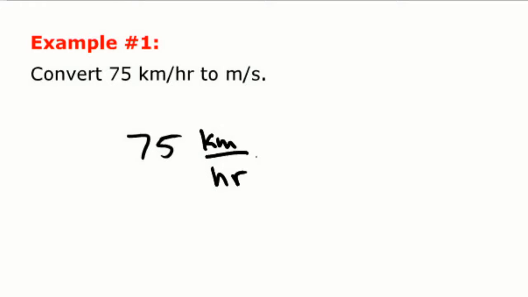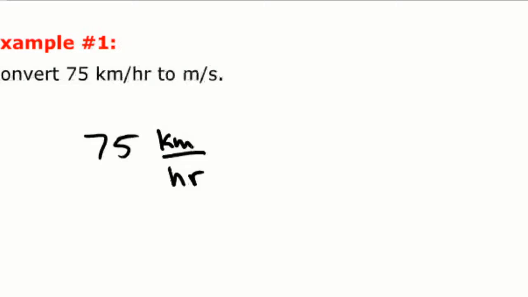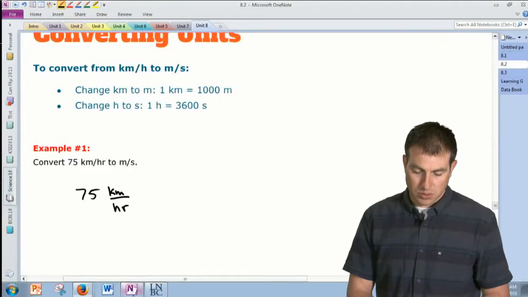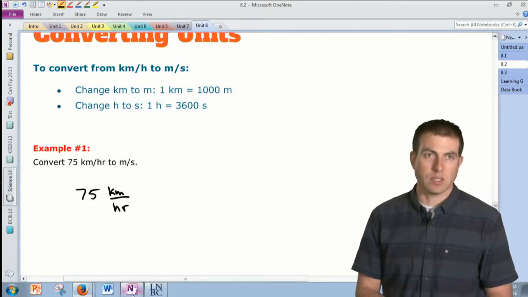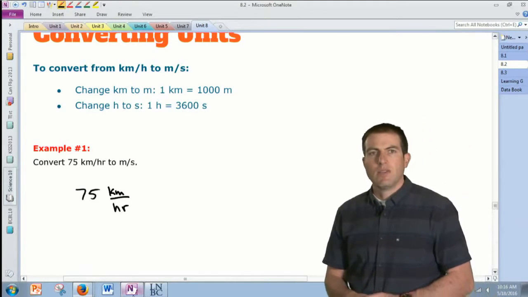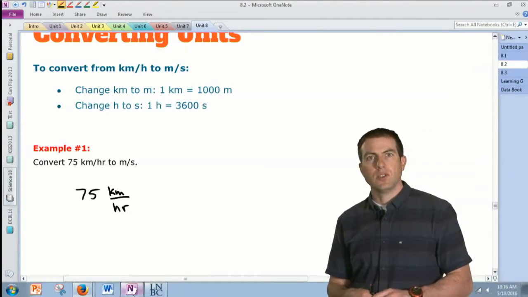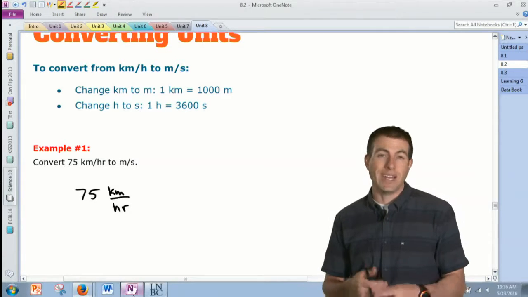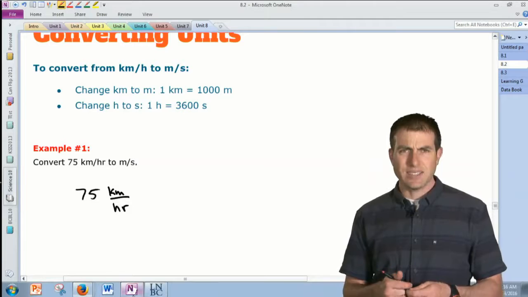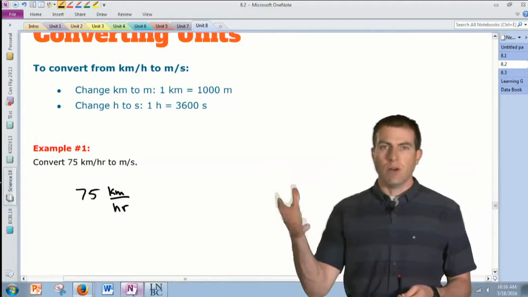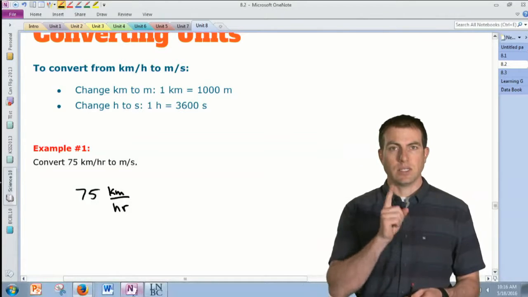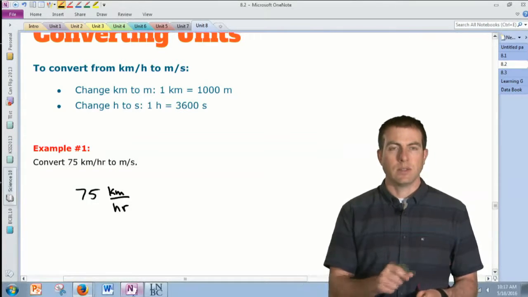All right, now up at the top here it says, 1 kilometer is 1,000 meters and 1 hour is 3,600 seconds. A kilometer is 1,000 meters is something you should know. An hour is 3,600 seconds might not be something you just know off the top of your head, but 1 hour is 60 minutes and 60 minutes has 60 seconds.